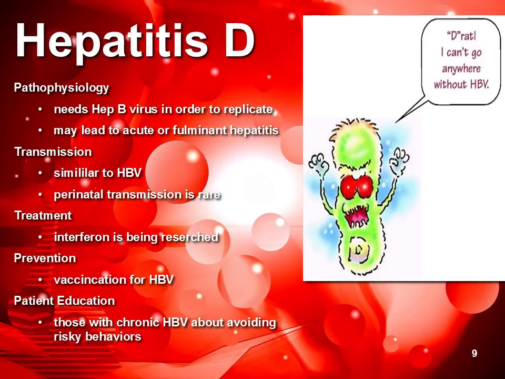A post-exposure vaccination for Hep B can also prevent Hep D. There isn't anything that will prevent a person who already has B from getting a superinfection of Hep D on top of it.